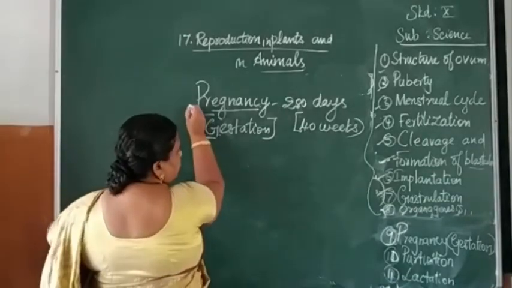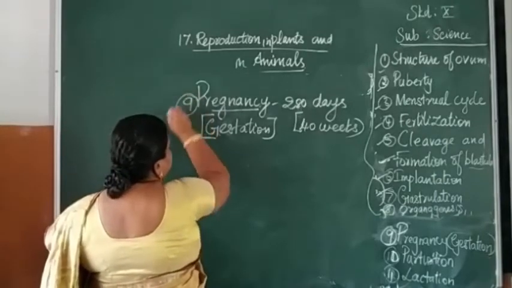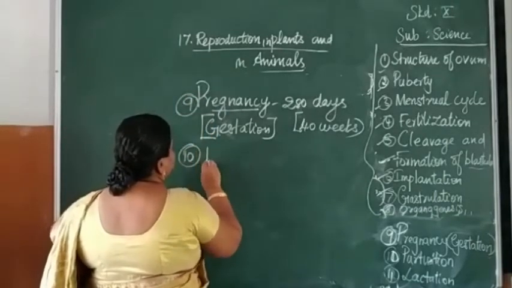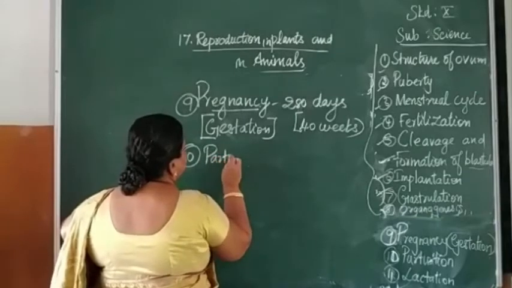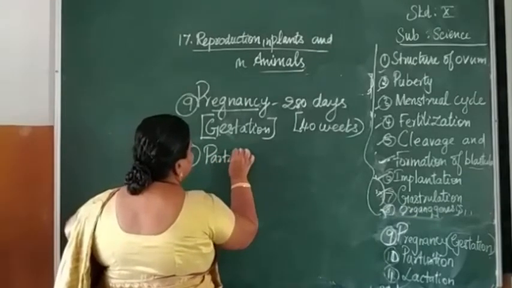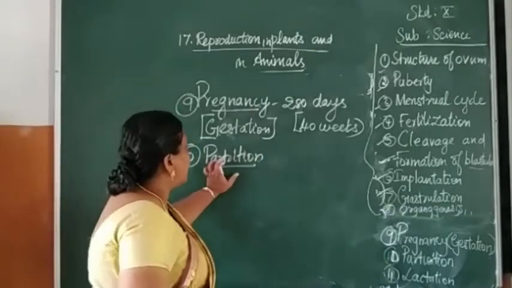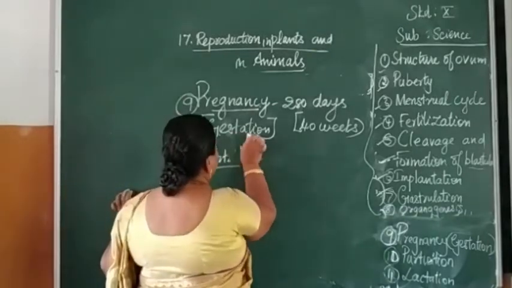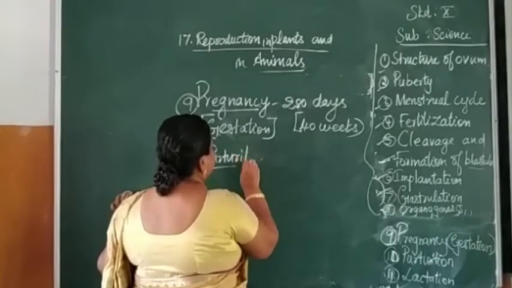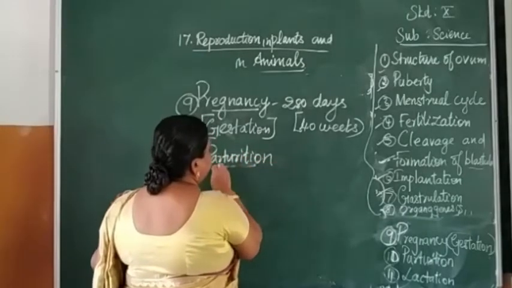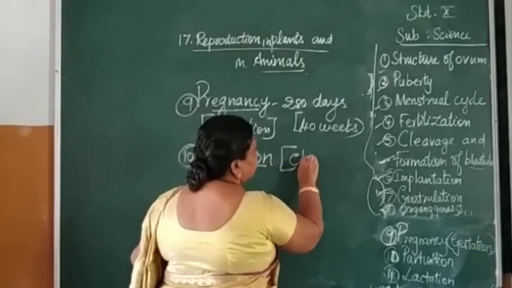So the 9th one is pregnancy, and the 10th one is copulation. The other term for this is childbirth.